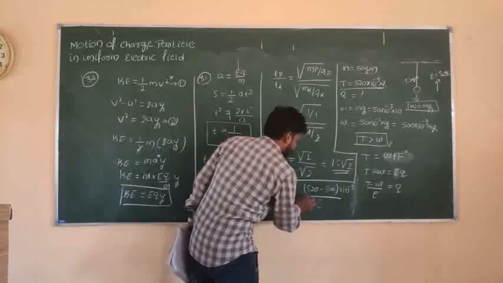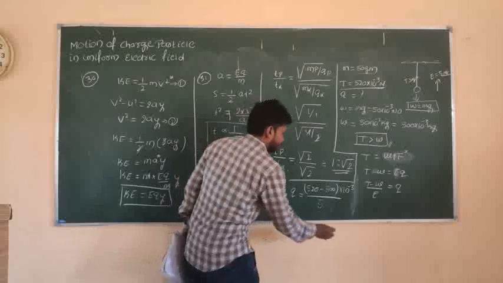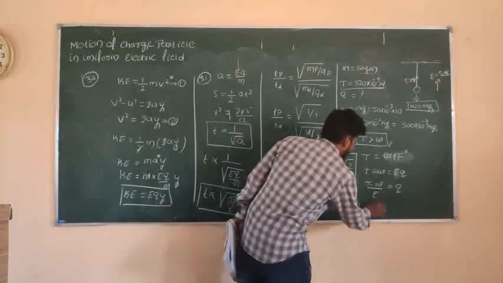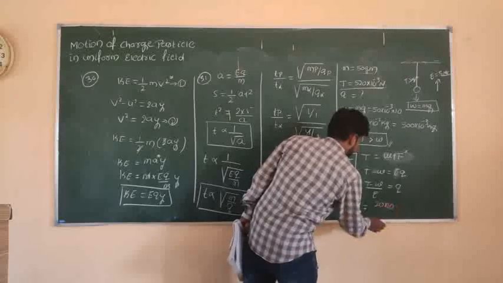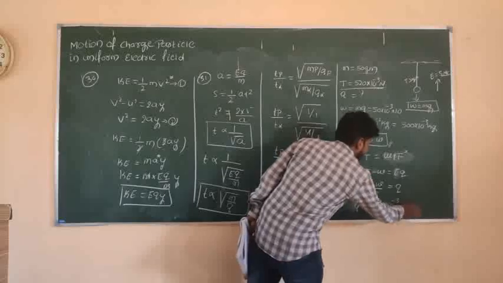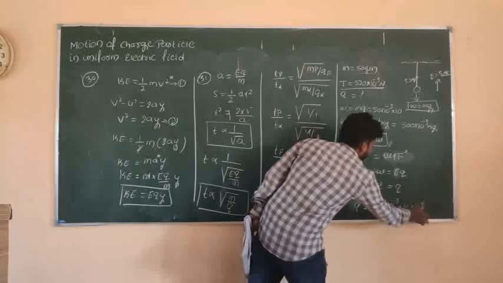What is the final equation? Q is equal to 20 into 10 to the power of minus 3 divided by 5. So that is 4 into 10 to the power of minus 3 coulomb.